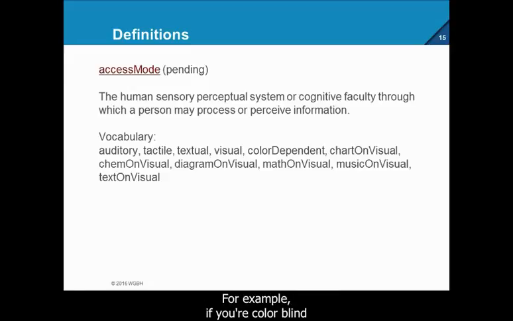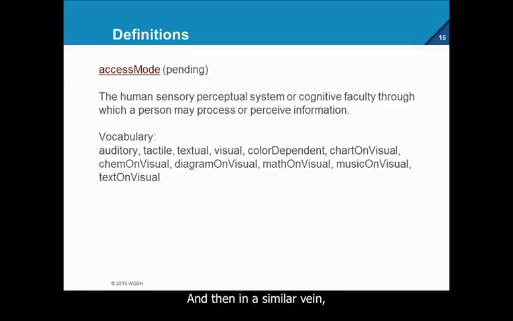For example, if you're colorblind, you're not a screen reader user, but you need to know if there's something in a resource that will be difficult for you to use if you can't distinguish colors. So we have a term called color dependent, meaning that there's information in this resource that is dependent on the user's ability to understand color.